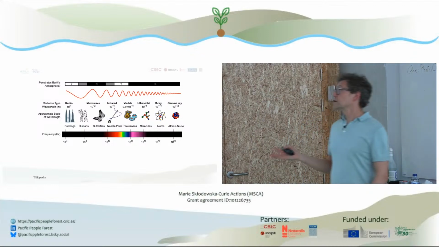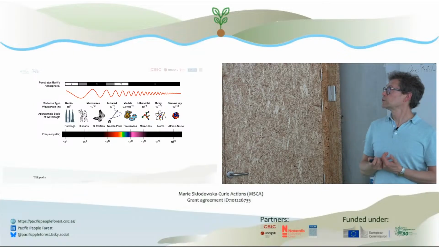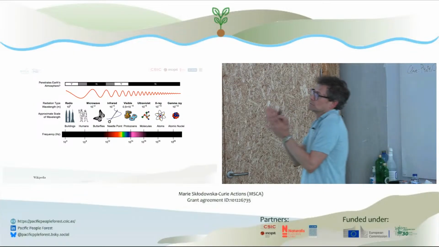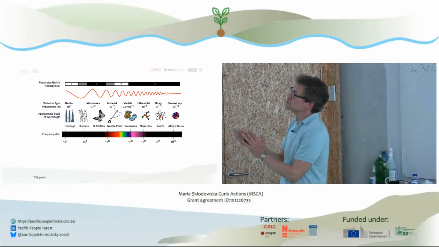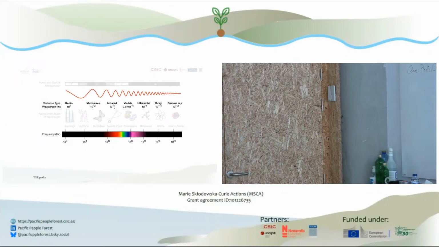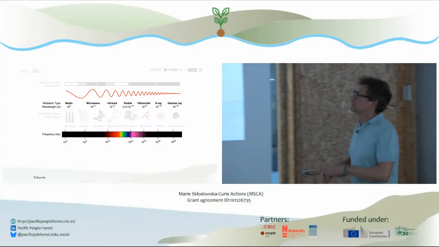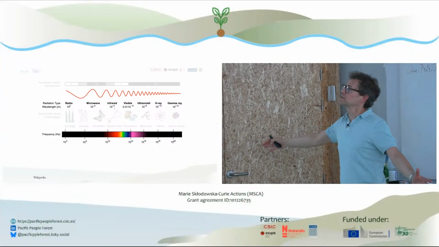Standard digital cameras, like our own eyes, are only able to perceive a very small portion of this electromagnetic radiation, this very small portion here, where the red, green, and blue are. But the radiation is much longer than that.